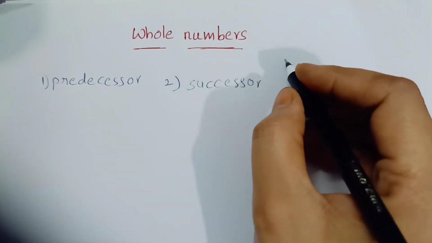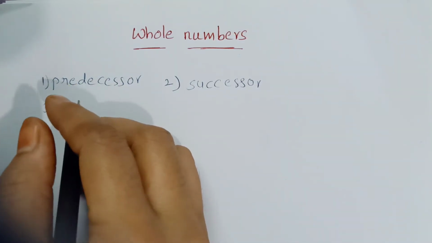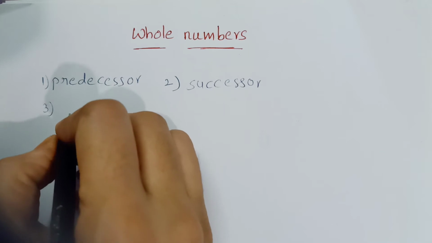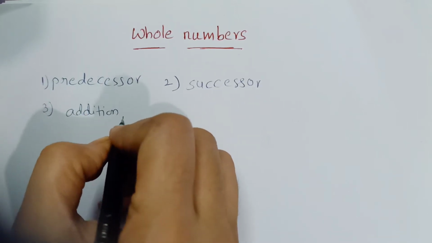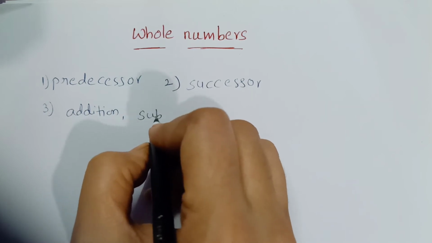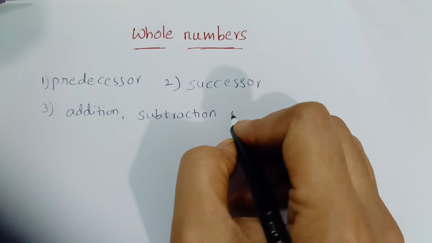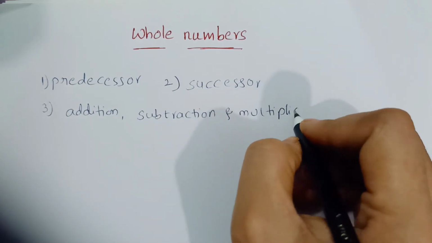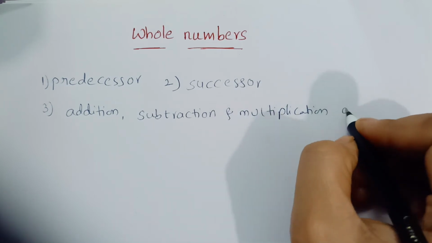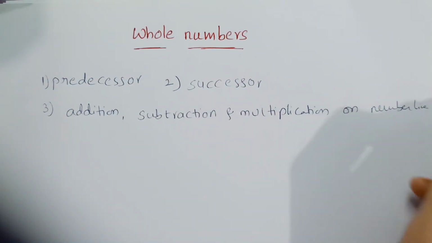The last thing is addition, subtraction and multiplication on the number line. Okay, we have seen all these things already.